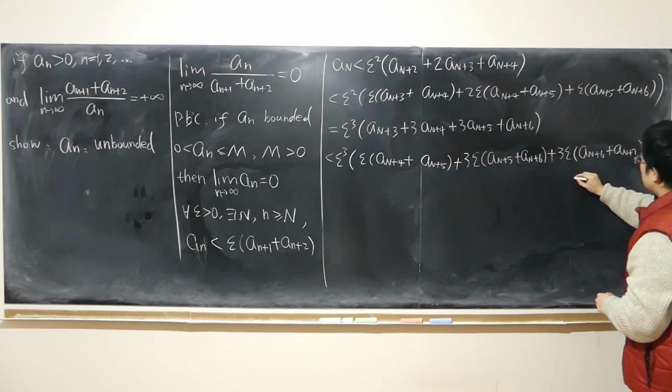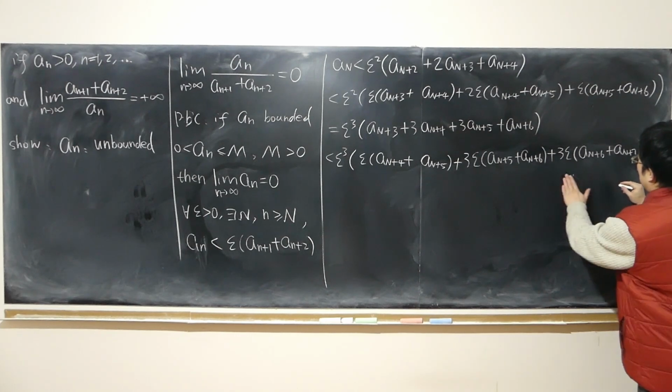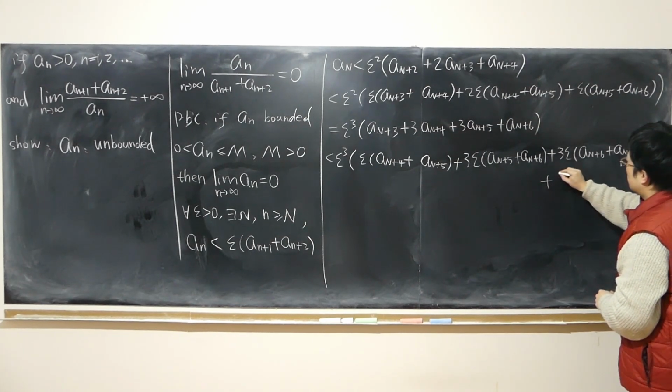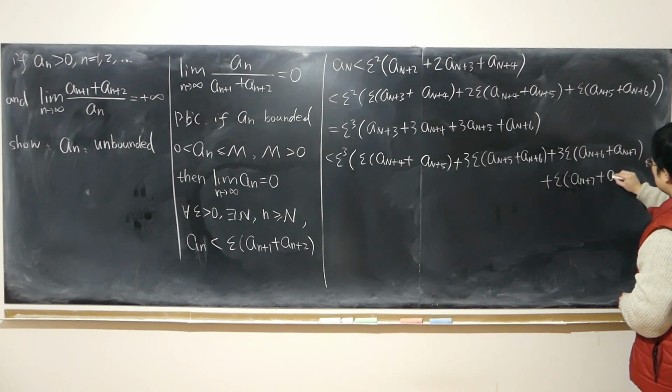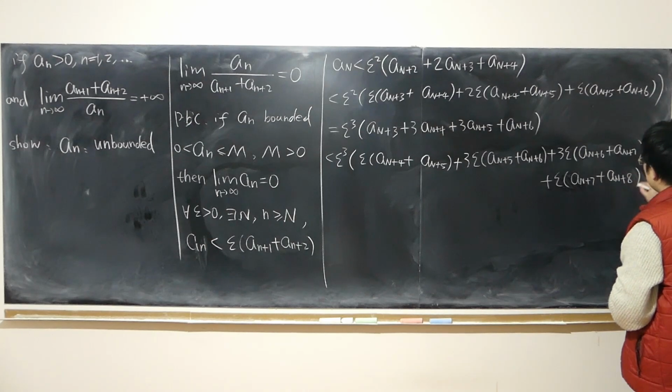This can be loosened by epsilon times a_{n+7} plus a_{n+8}. Okay.